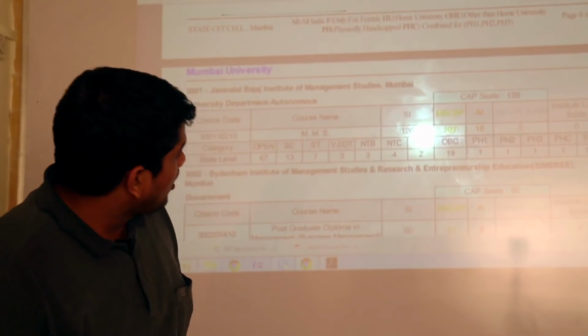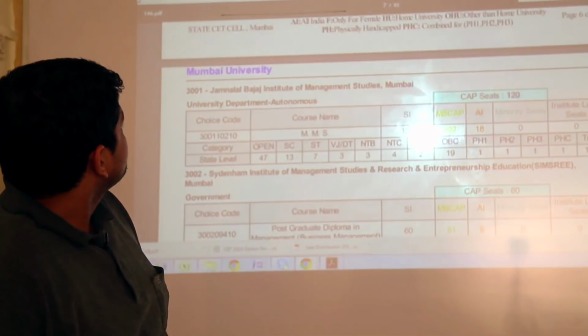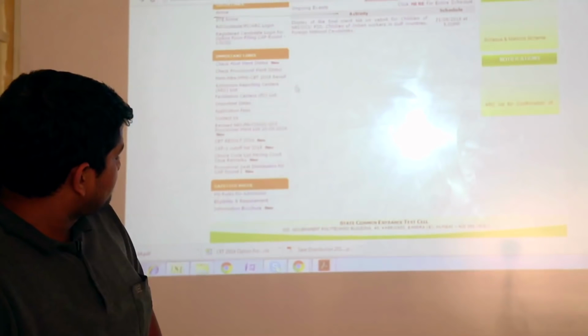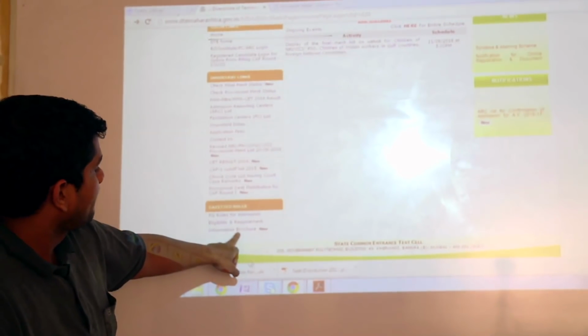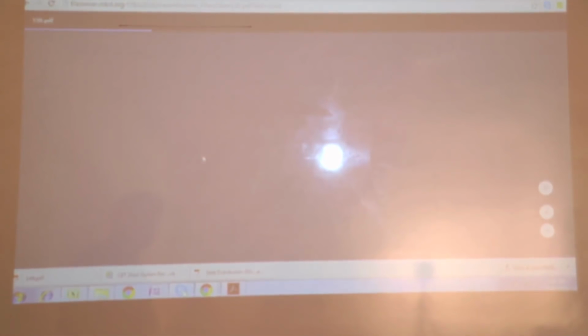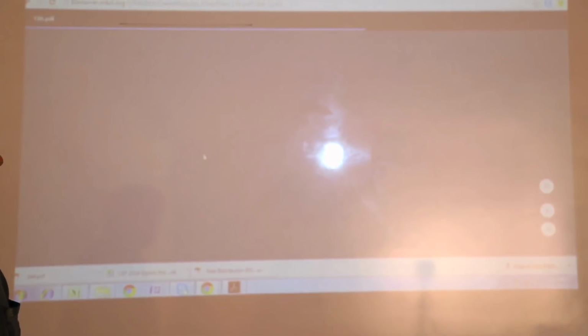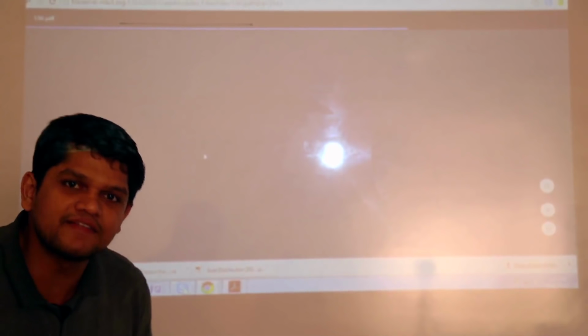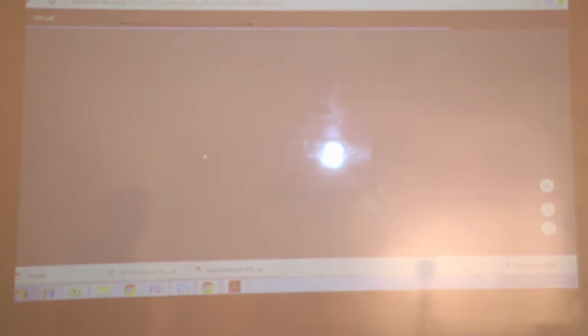In order to know in detail about your cap rounds, they have put up an information brochure here. So you can actually just go through the entire process given in the brochure. There's an information brochure regarding everything about the CET exam, every information is given in this brochure.